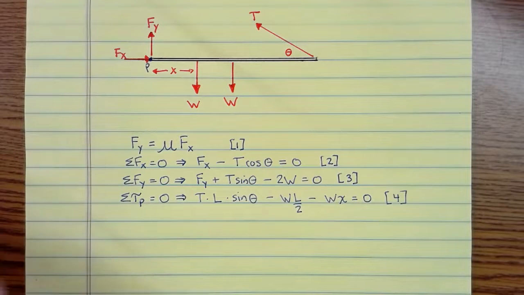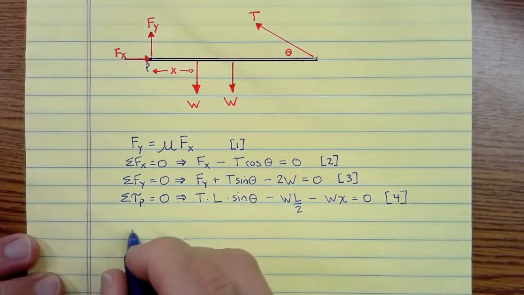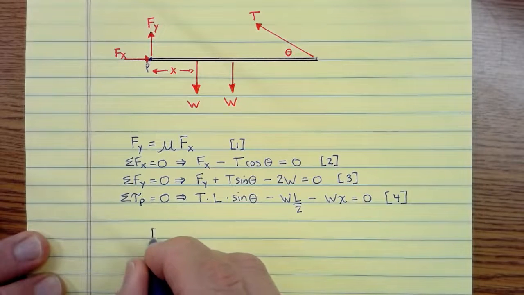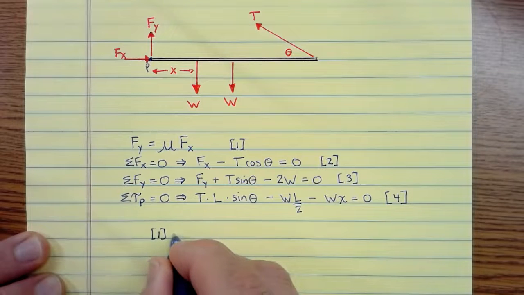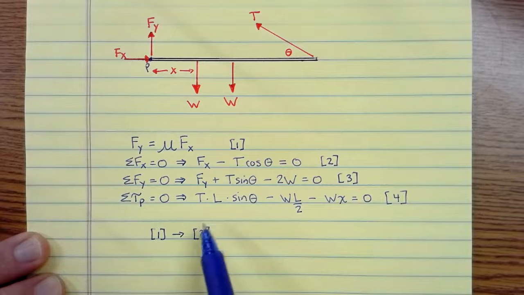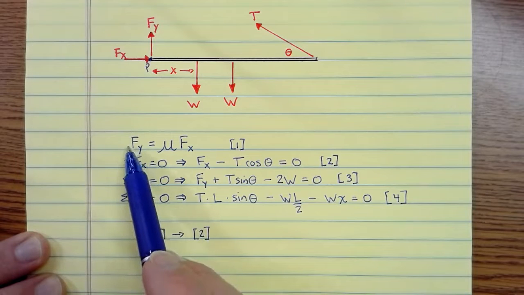Okay, so I'm just going to give you some hints here on how to do it. Probably the easiest way to do it is to take equation 1 and substitute it into equation 2. So equation 1 is solved for Fy.